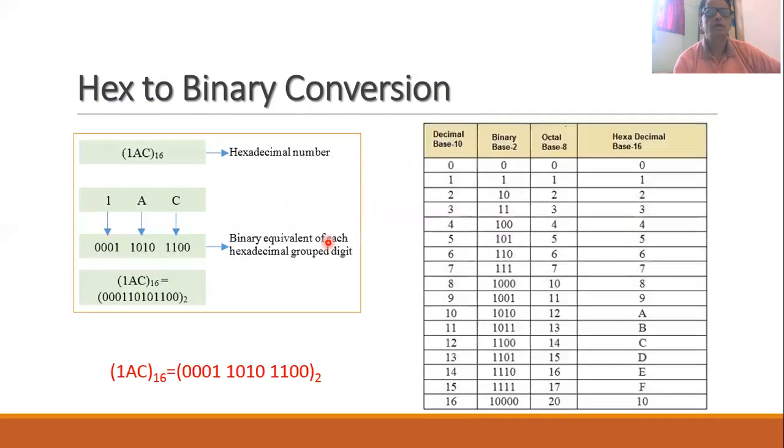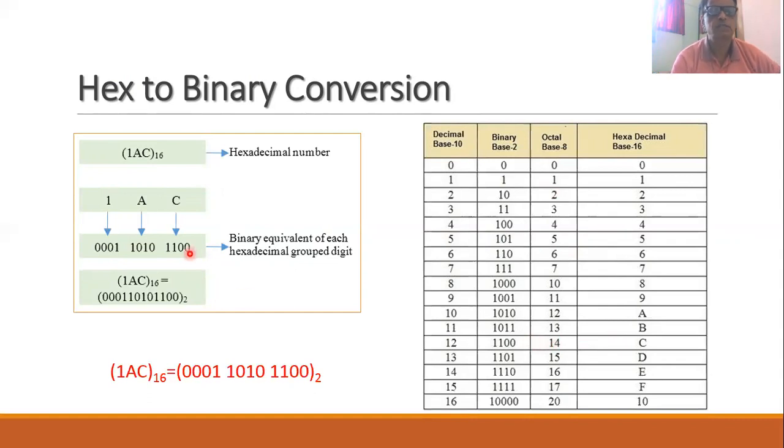Say for example, we have been given a number 1AC. This is the hexadecimal number, and we want to convert this number into binary equivalent. So what I will do is that for each hexadecimal digit, I will write a 4-bit binary number. So again, I will be referring to this table. For C, if you refer to the table, there is a binary number 1100.